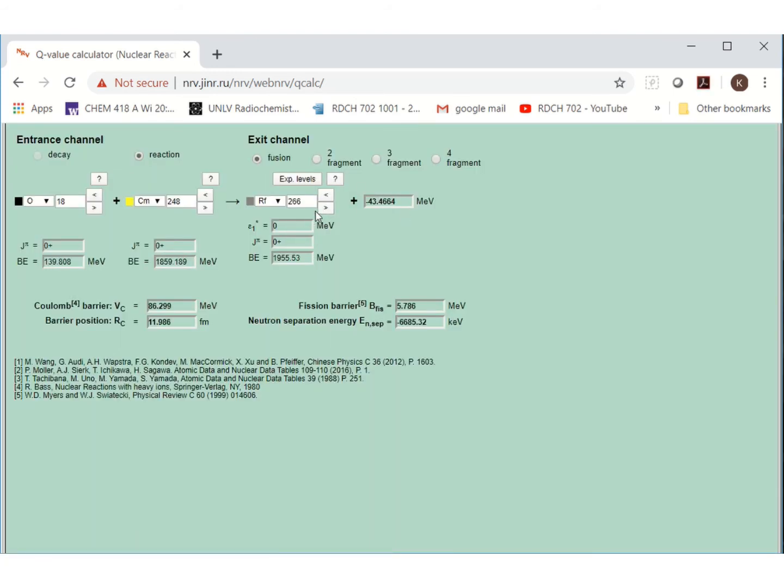So it's only one fragment, and we would make rutherfordium-266. And that's our Q value.